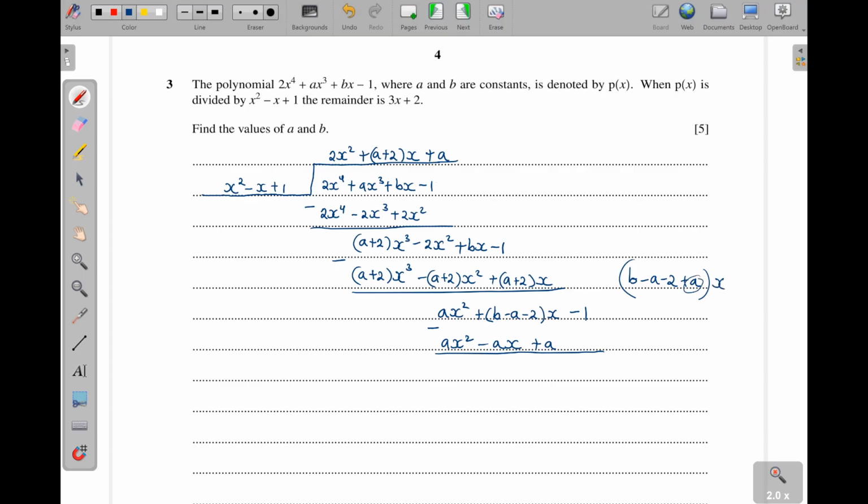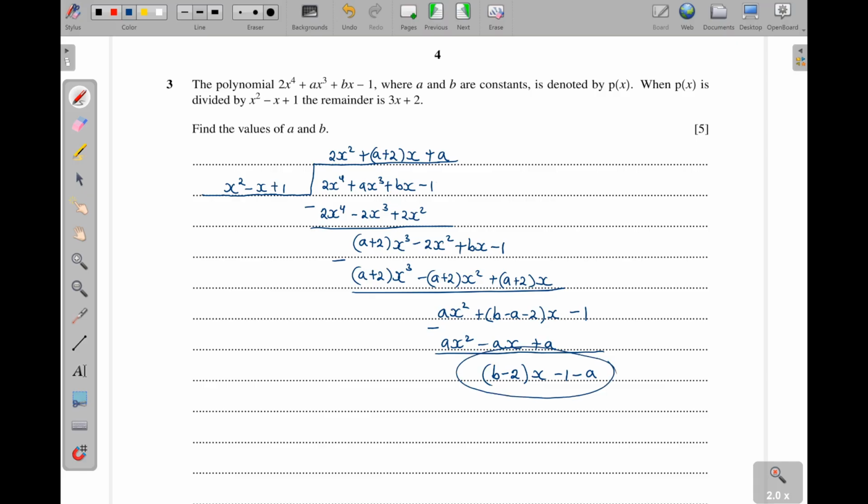Now you can see that this one and this one disappear, and then we are going to remain with b minus 2. So the coefficient of x is going to be b minus 2 of x, and then this negative 1 here minus the a. So we shall have minus 1 minus a.